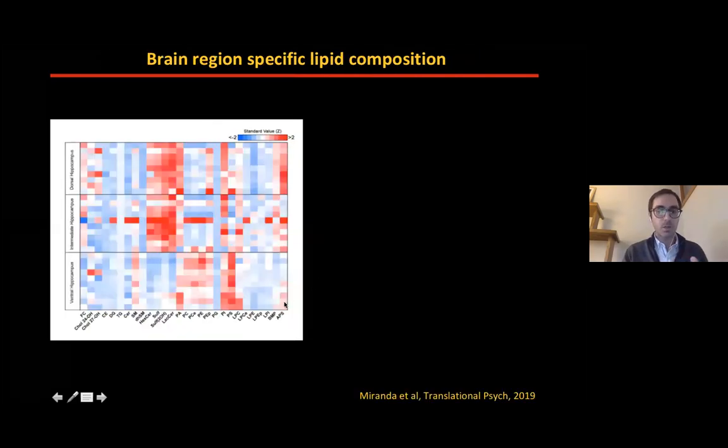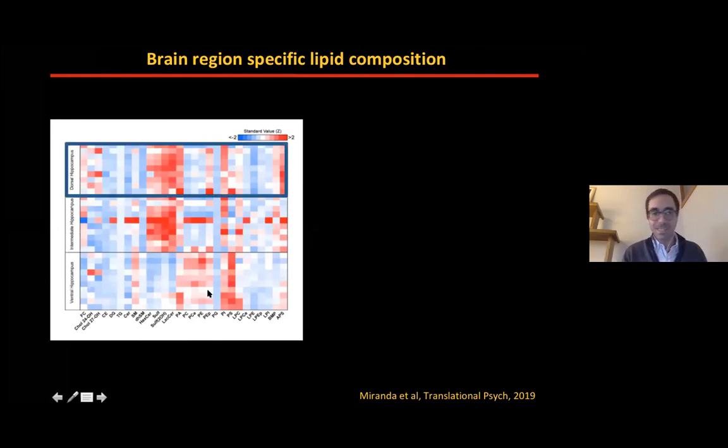And we performed this analysis, and here I'm showing the data represented as z-scores. In each column, we have a different lipid class, and each block we have a different brain region. Here I'm starting to show just the three different parts of the hippocampus: the dorsal, the intermediate, and the ventral hippocampus.